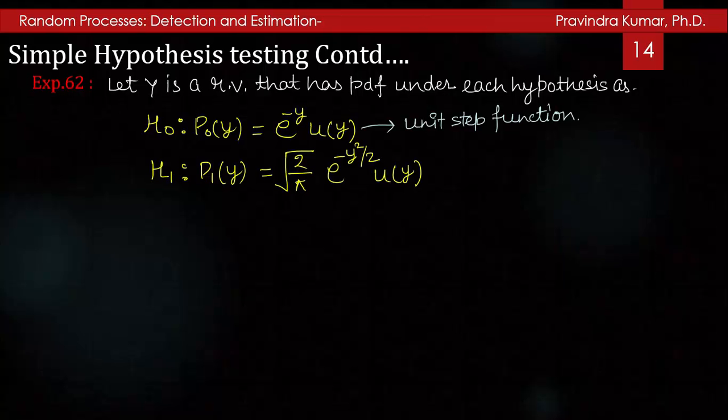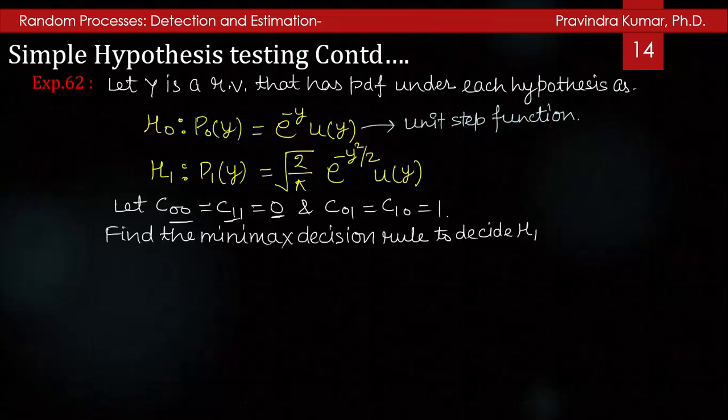Under hypothesis H1, P1(y) will be square root of 2 by pi, e to the power minus y squared by 2, times the unit step function. And let C00 is equal to C11 is equal to 0 and C01 is equal to C10 is equal to 1. So the cost of error is 1, and there is no cost for the correct decision in this case. So find the Minimax decision rule to decide H1.